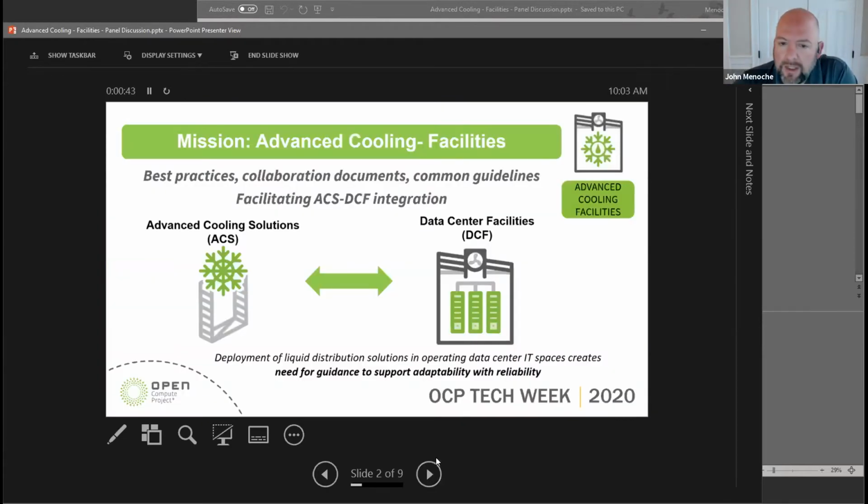The general topic isn't so much the actual technologies, the immersion or rear doors, what have you. It's really how you tie these into a facility, both existing and new. So that's the topic in general we're going to try to hit on here.